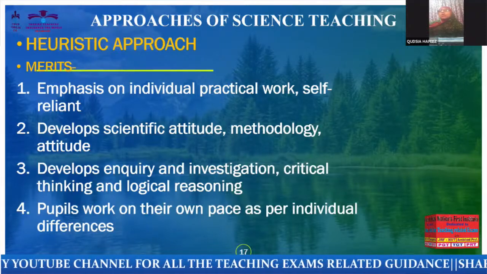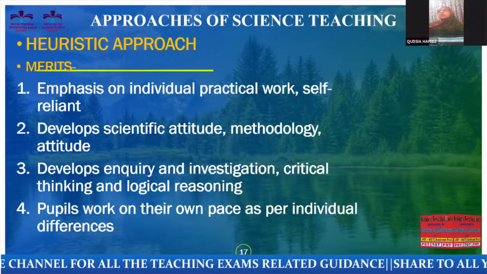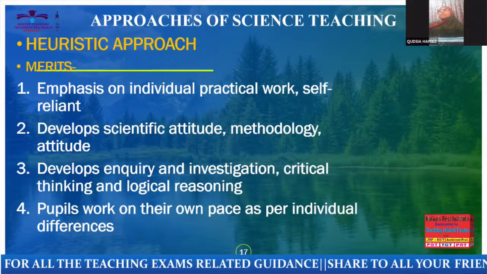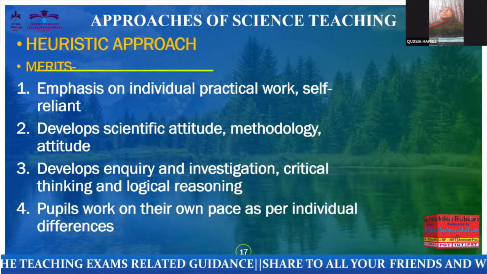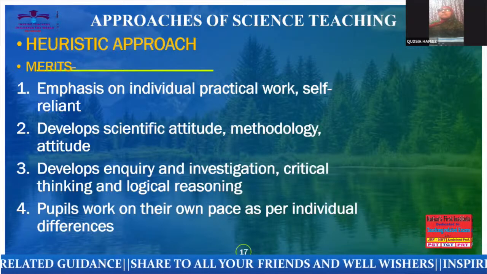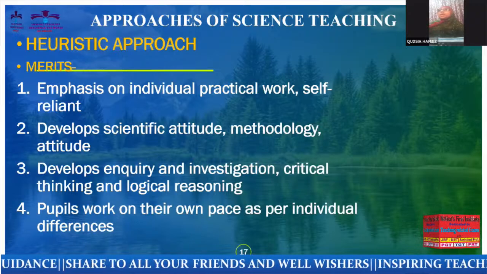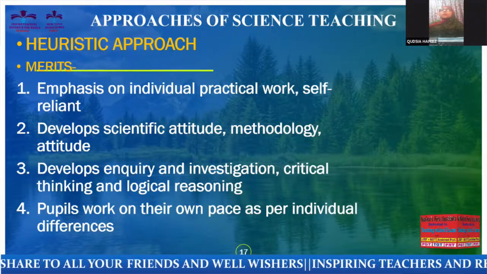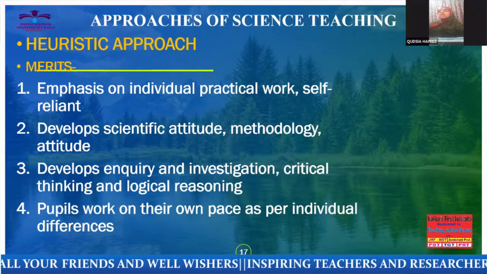individual differences. As you know, every child does not have the same capability of being a discoverer, because some students are brighter, and they could take up any kind of discovery or undergo the heuristic approach in understanding any topic of science.